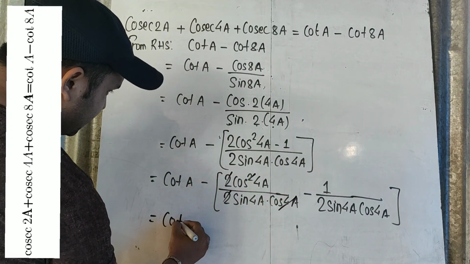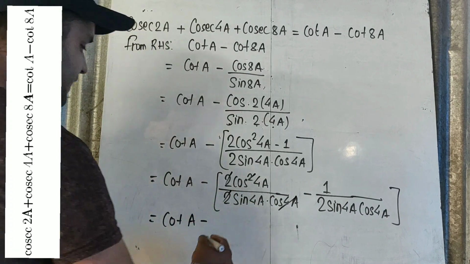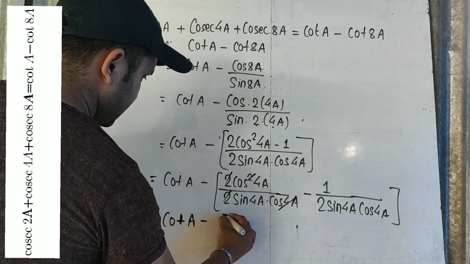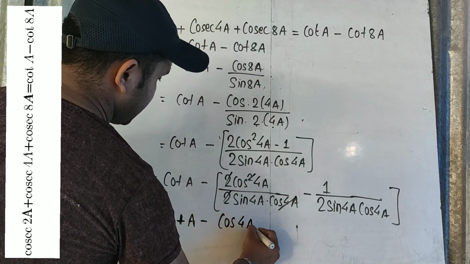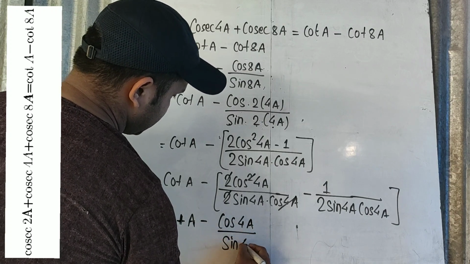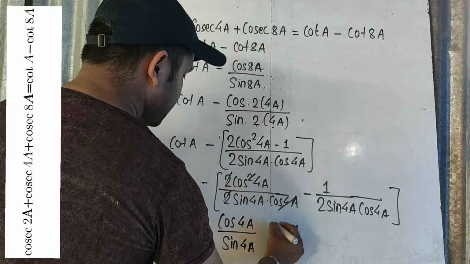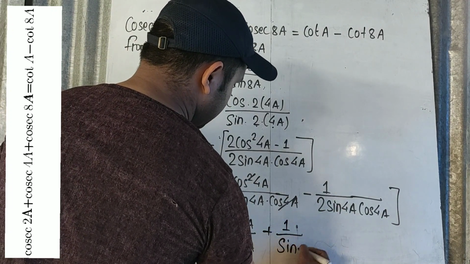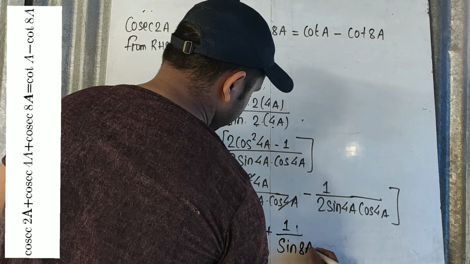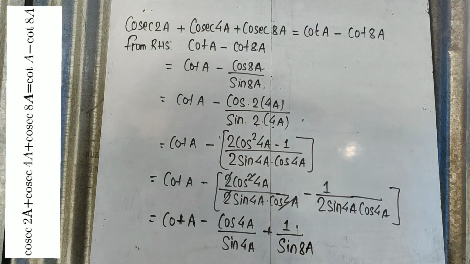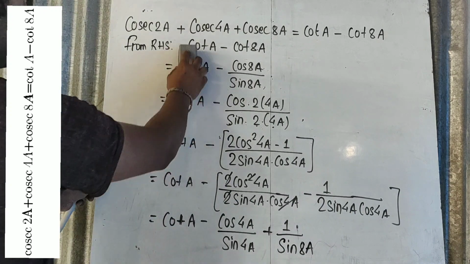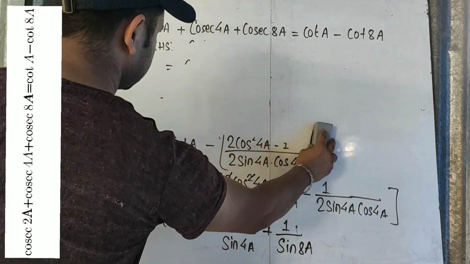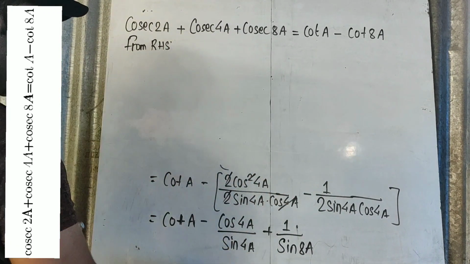Now what you have left is cos 4a by sin 4a. Now minus and minus gives you plus 1 by 2 sin 4a cos 4a, which is sin 8a. Now I'm going up again and doing the same thing here.